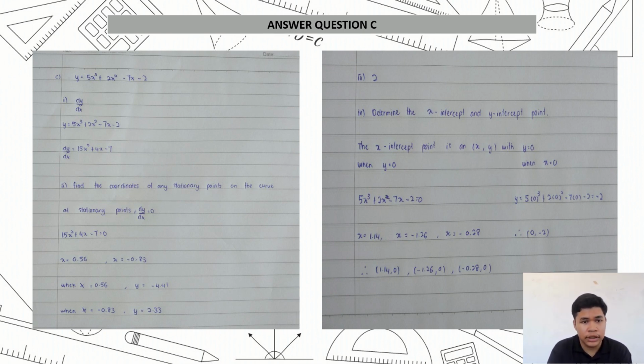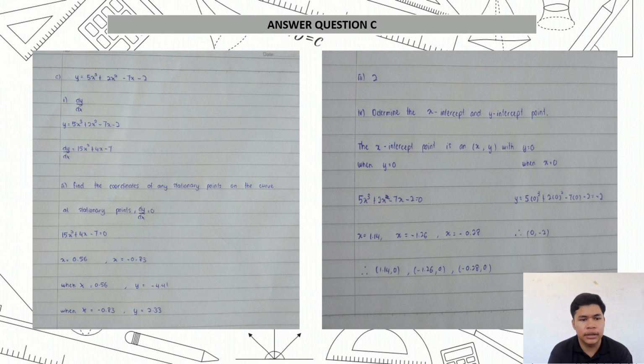Question number 2. Find the coordinates of any stationary points on the curve. At a stationary point, dy over dx equals 0. 15x squared plus 4x minus 7 equals 0, and we solve it. x equals 0.56 and x equals negative 0.83.